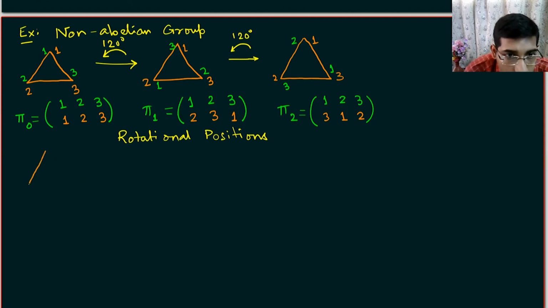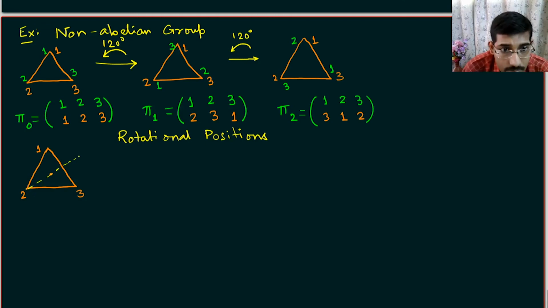Suppose I have this triangle in my hand where this is 1, this is 2, this is 3 and this is my center. What I will do is first reflect around this line once, with respect to 2 and the center.